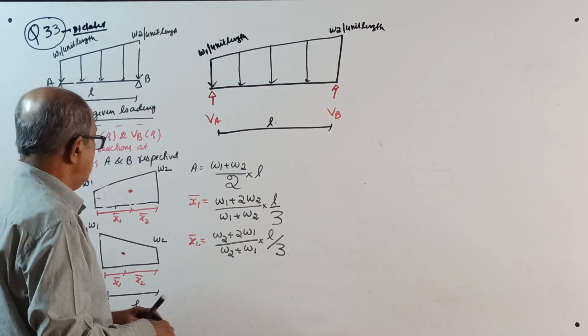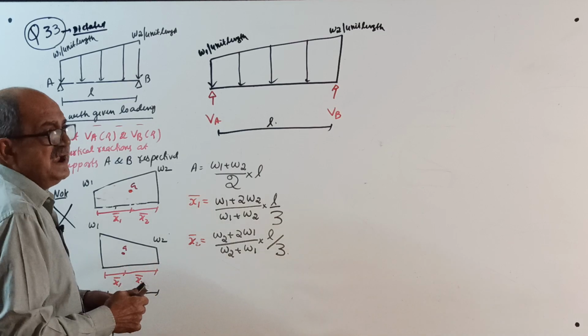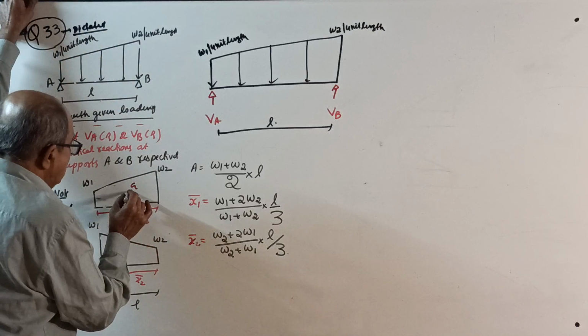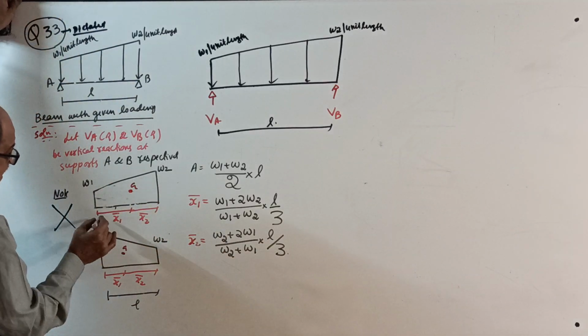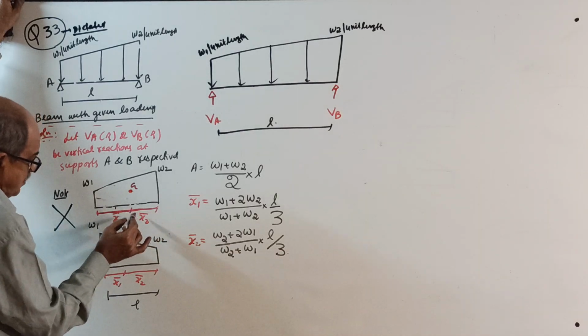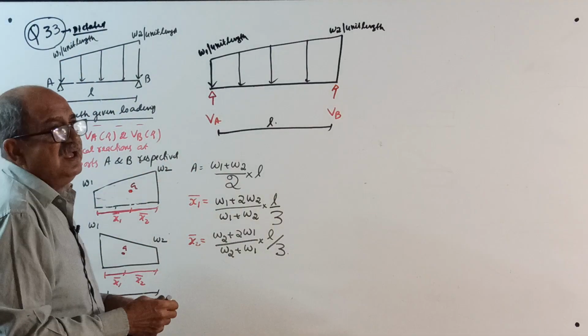But one thing I told: centroid G, you slightly mark on that side where area is more. Here, the centroid is slightly this side. From the left side, let it be x1 bar. From the right side, x2 bar. First, you require area.